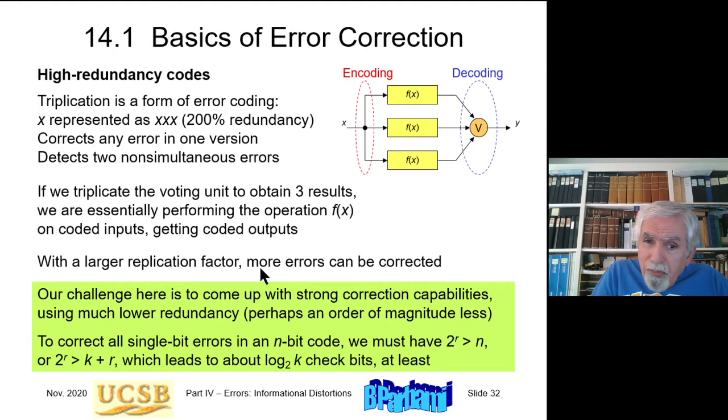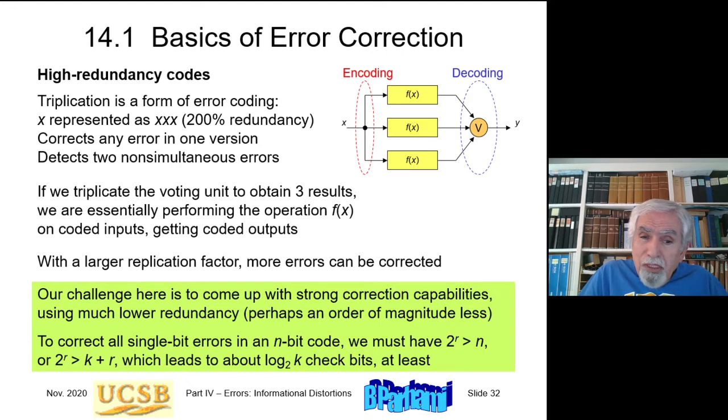Now, with a larger replication factor, for example 5 copies, more errors can be corrected, but it very quickly becomes expensive. Even triplication is rather expensive. Despite the fact that hardware nowadays is very cheap, triplication is still not the most desirable way of achieving error tolerance.